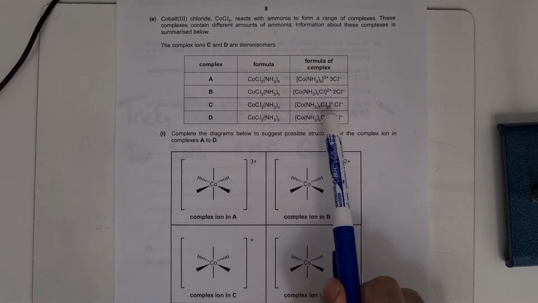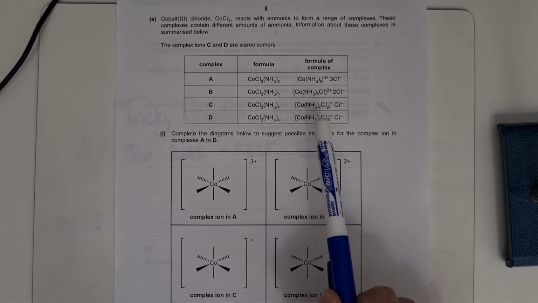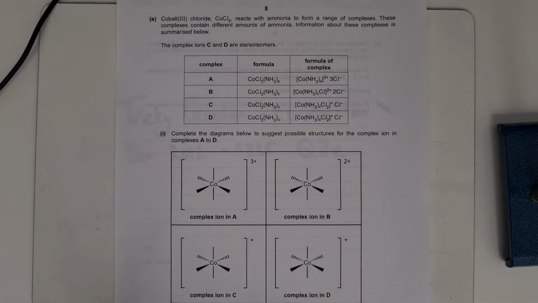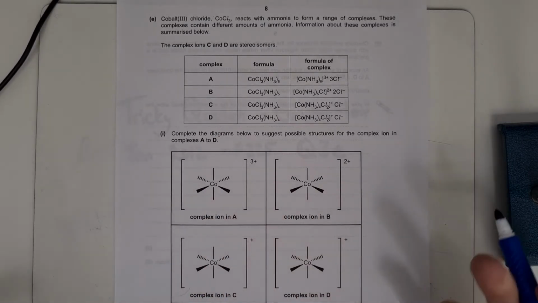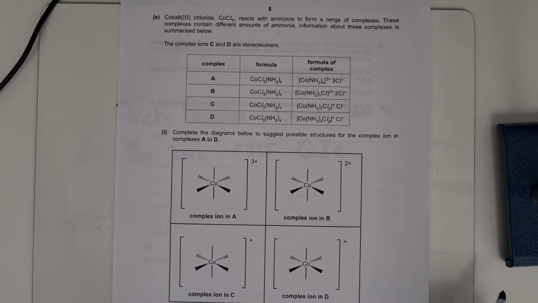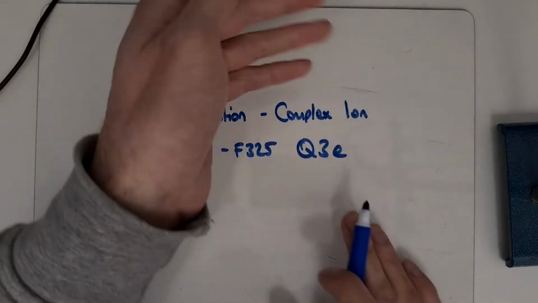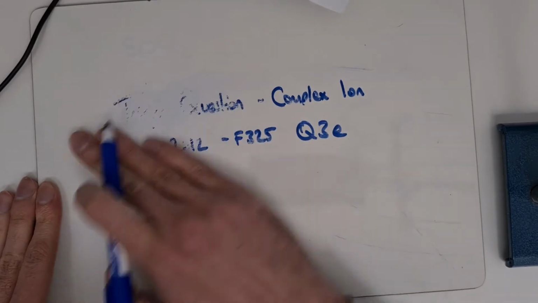C has 4 ammonia and 2 chlorine. D has 4 ammonia and 2 chlorine as well. So we've got some isomerism going on with C and D. And it just wants us to complete the diagrams below to suggest possible structures for the complex ions A to D.